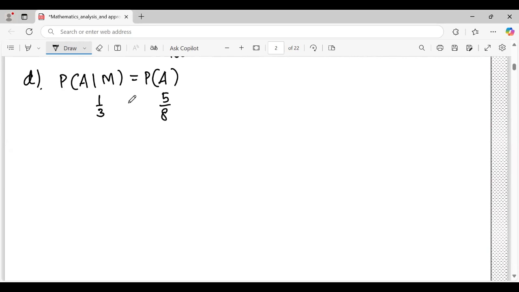So 1/3 is not equal to 5 over 8. So we can conclude that they are not independent.